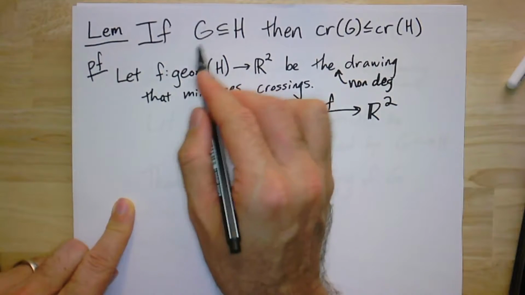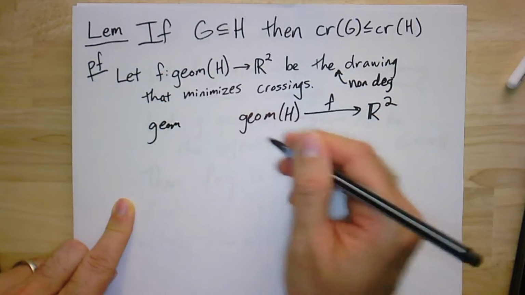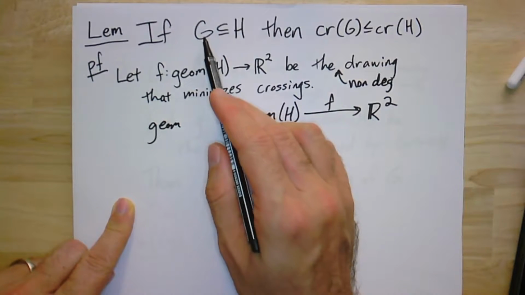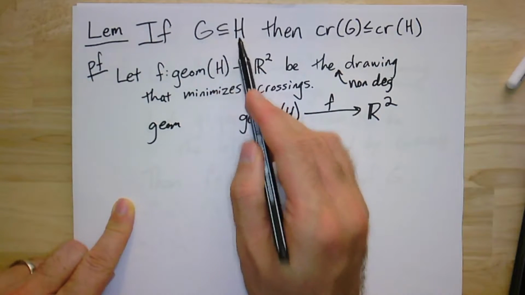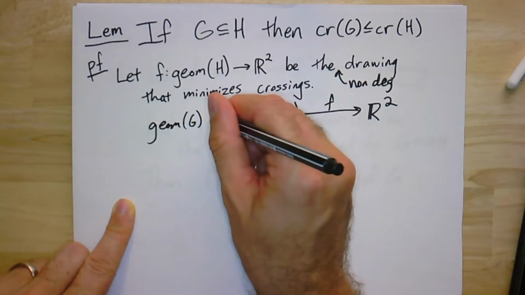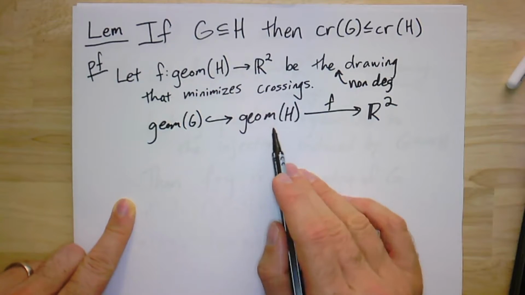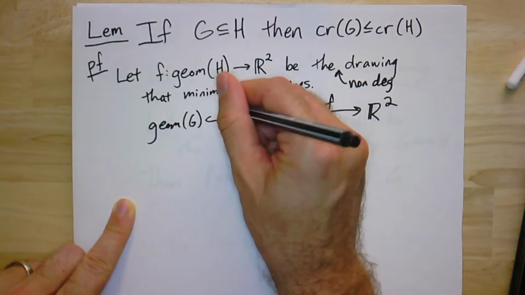And we know that if G is a subgraph of H, then we have a graph homomorphism, an injective graph homomorphism from G into H, and that induces an injective continuous map from the geometric realization of G into the geometric realization of H. So let's call that little g.